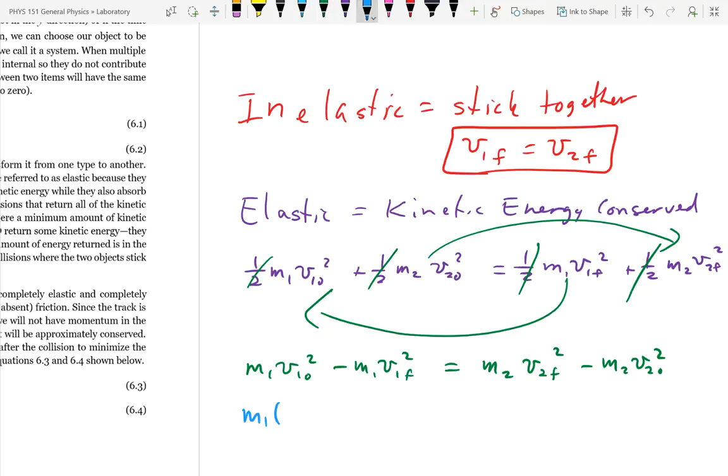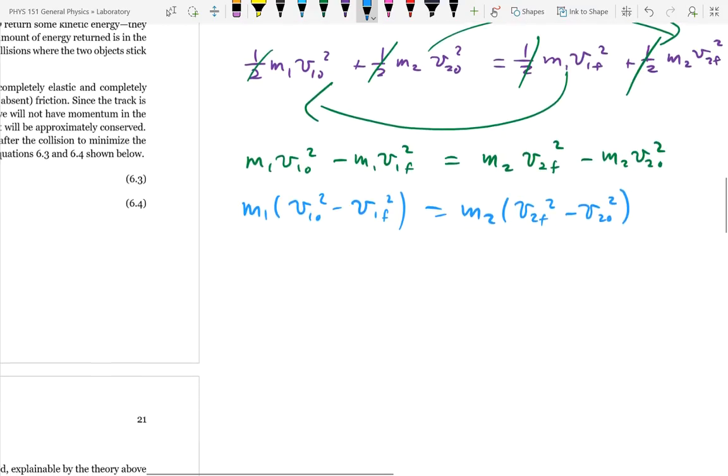You factor out the m1, factor out the m2, and then we expand the V1 initial squared minus V1 final squared. You probably learned to do this somewhere in high school math. It may very well have been lost from memory at this point.